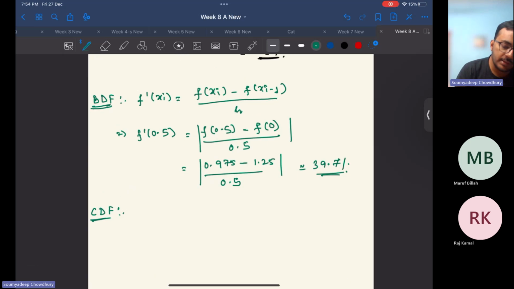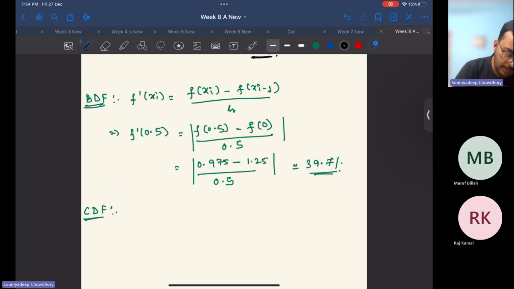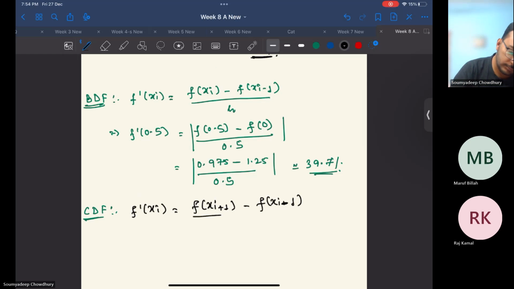So now we will see the central difference. Here f dash xi is f of xi plus 1 minus f of xi minus 1 upon 2h.